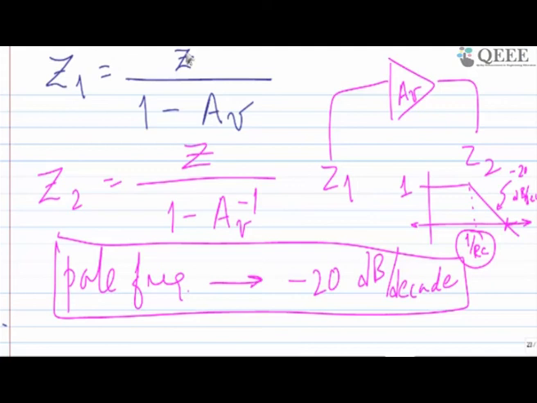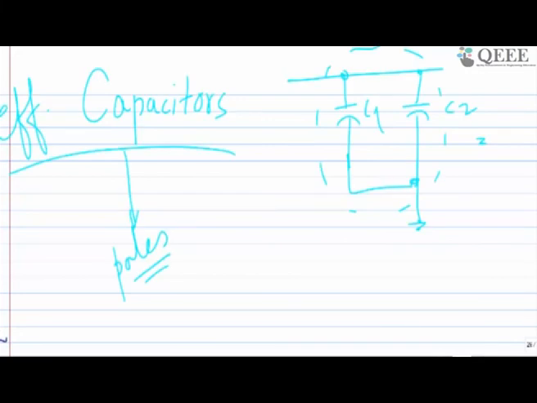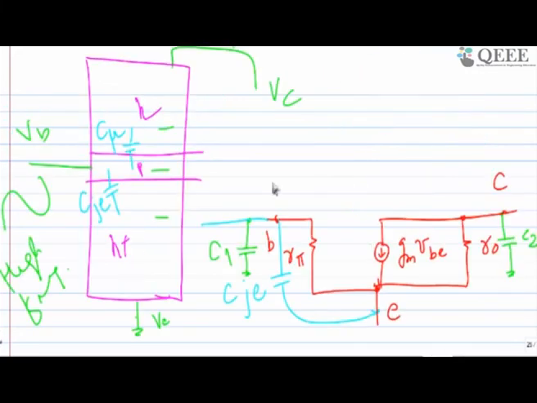You have to put Z equal to -1 by J omega C, and you can get what you want. So effective capacitances are, this is one capacitance, let's call it Cx, and this is one more, let's call it Cy.